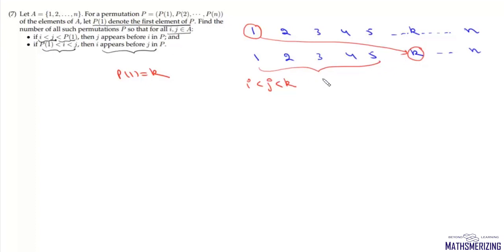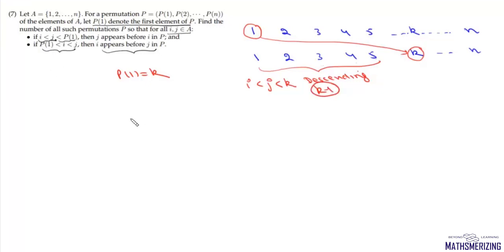That means all these numbers, their order must be descending. That is, 5 must come before 4, 4 must come before 3, 3 must come before 2. So that's how we have to arrange these k minus 1 numbers.